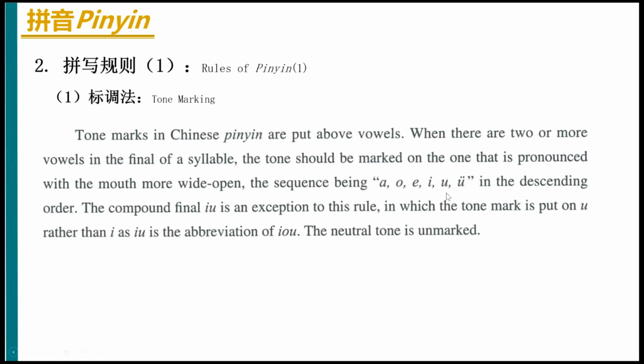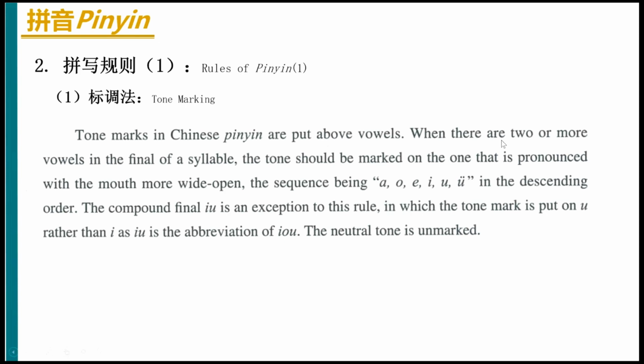So in English, the vowel is A, E, I, O, U, right? While in Chinese sound, it sounds like A, O, E, I, U, and the special one, Ü. So these 6 alphabets are our vowels.